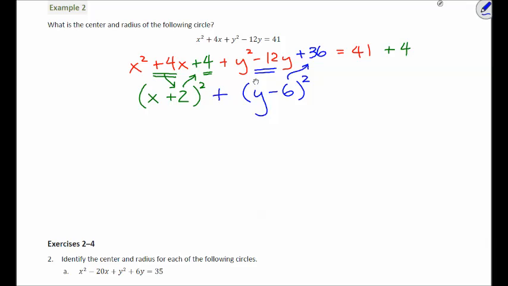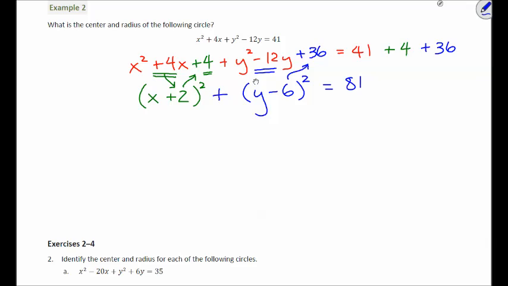But to keep it balanced, I must add 36 to both sides. Okay, so I completed the square for both x and y. And what I get on the right side is 41 plus 4 plus 36, which is 81.